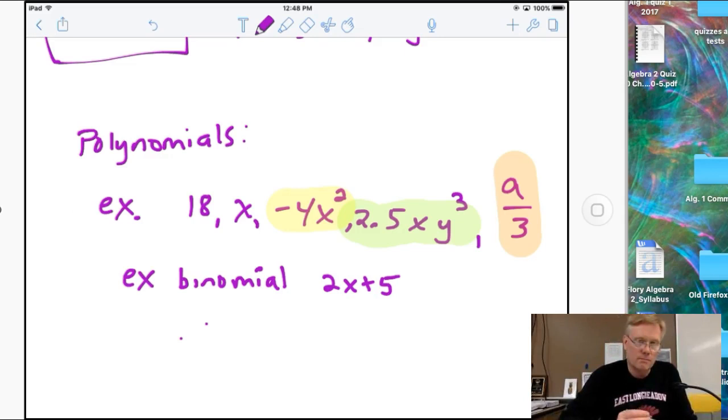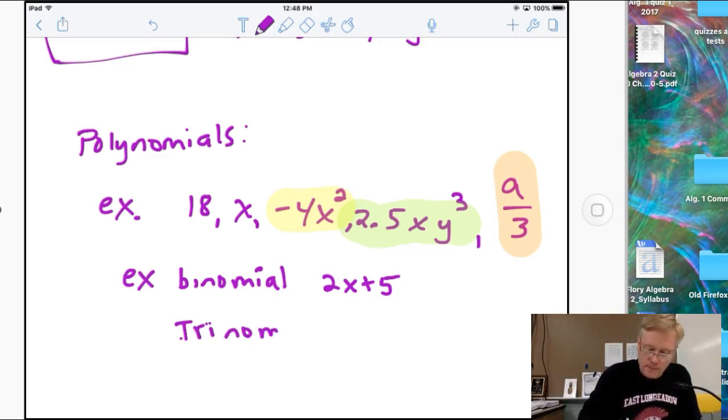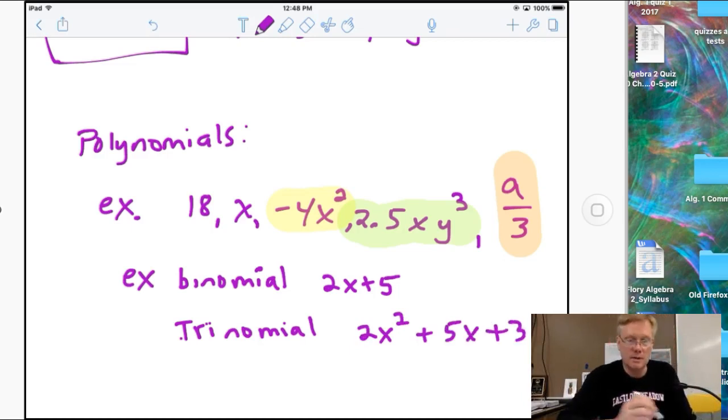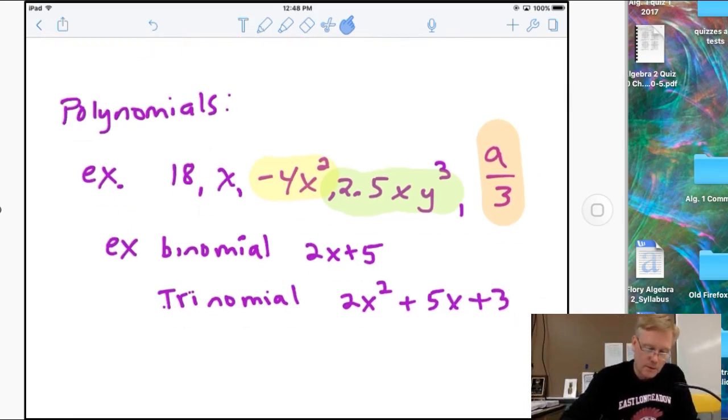If I was to do a trinomial, this would have three terms. So if I went 2x squared plus 5x plus 3, that would be a trinomial, three things connected by addition or subtraction. And I can't combine any of them. I can't combine x squareds with x's. That's an important thing that we're going to talk about today.